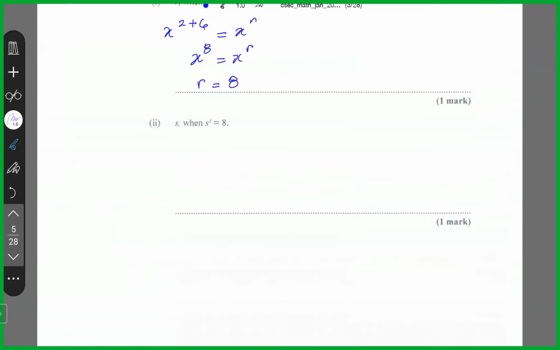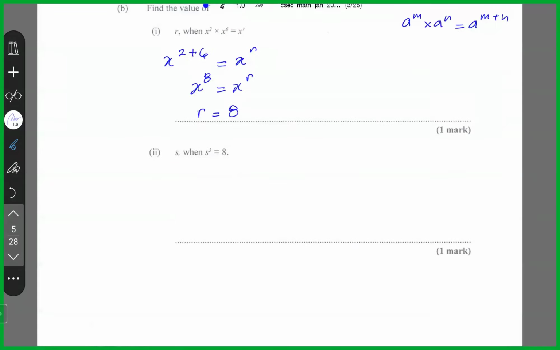For part I, we're asked to find s when s to the 3rd is equal to 8. Now, 8 is the same as saying 2 cubed. So s to the 3rd is equal to 2 cubed.